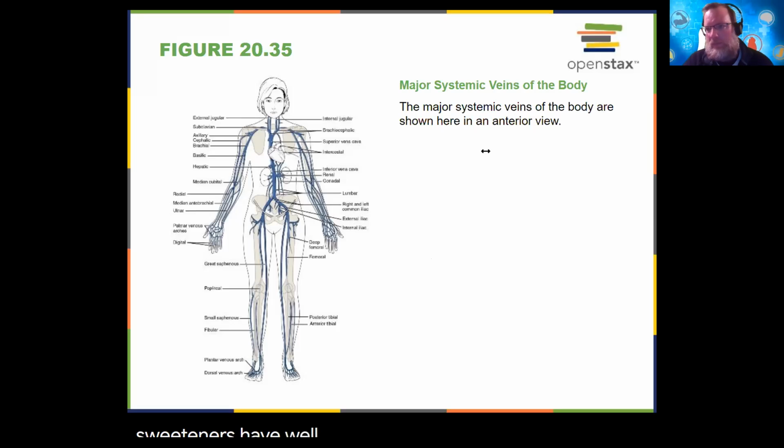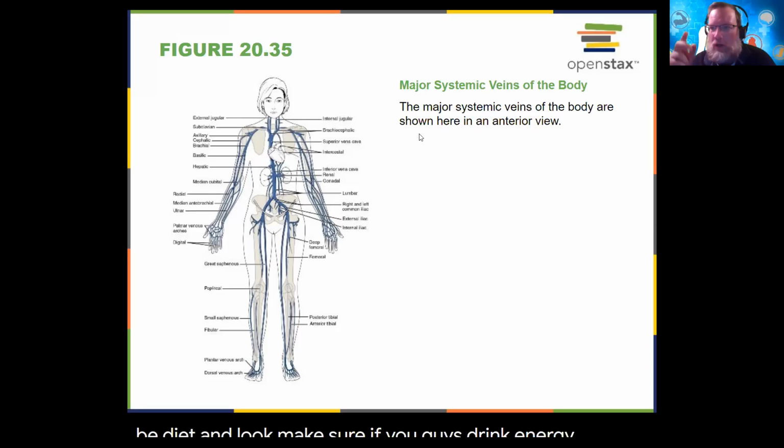Yep. Well, yeah. Again, you could get suckered into those numbers all day, but I'm telling you, I avoid it like the plague. Make sure, if you guys drink energy drinks or those 5-hour energies, Red Bulls, that stuff's also full of artificial sweeteners.